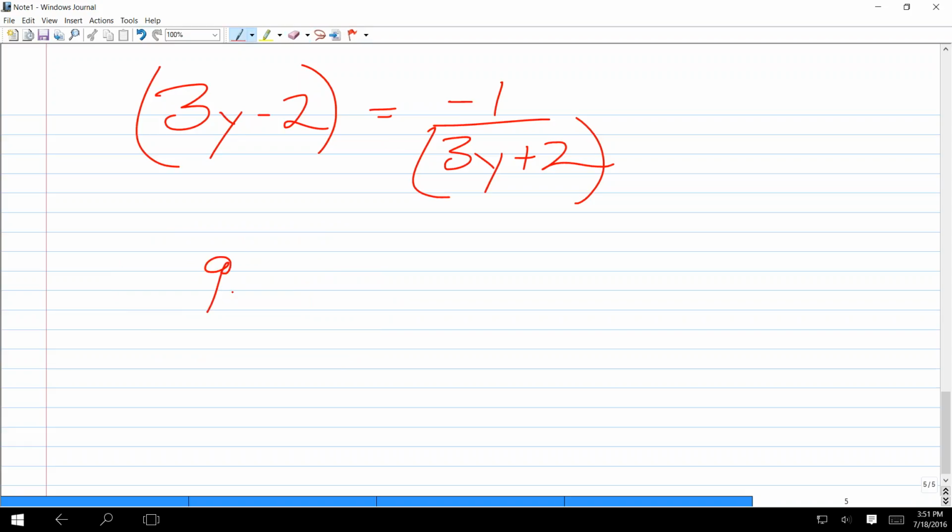So what did I have? I had 9y squared minus 4 equals negative 1. Now what? Add the 4.